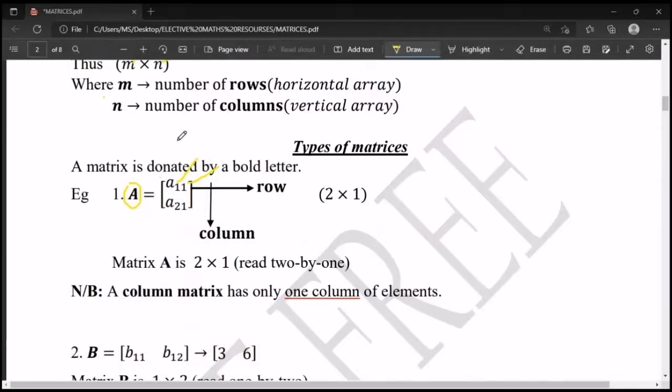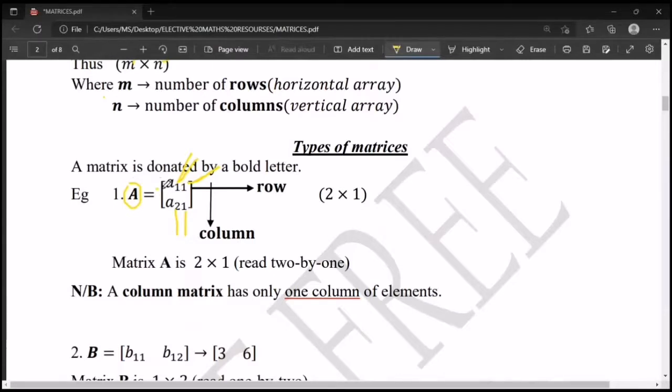From the beginning, I said the order of a matrix is by rows and columns. So the rows come first, then columns. The 2 represents the number of rows and the 1 represents the number of columns. That is the order. So this matrix here is 2 by 1 because it has 2 rows.